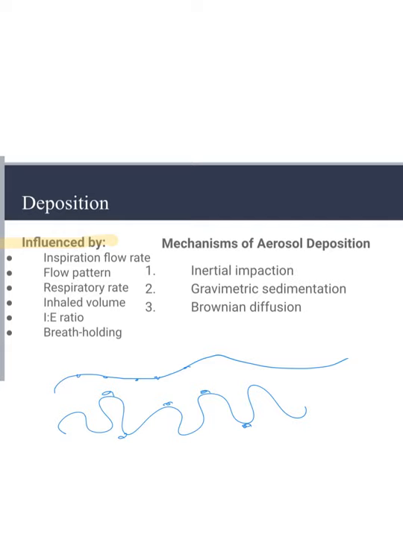If you have someone who has a short I to E ratio, it's more likely to be exhaled. If you have a longer I to E ratio, more drug is likely to be deposited into the lungs. Same with breath holding. That's why when we instruct our patients to take an MDI puff, we have them hold that breath in to help settle down the drug into their lungs.